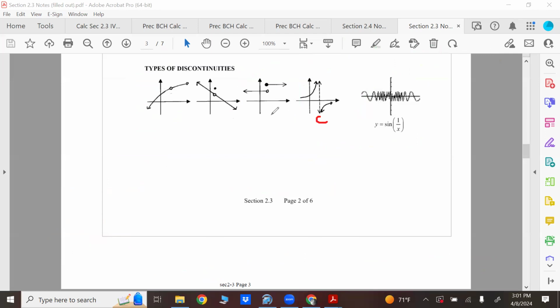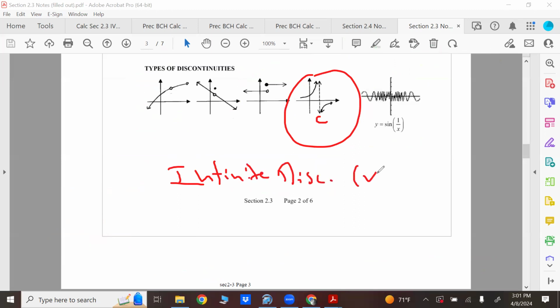Then here, we call this an infinite discontinuity, or basically a vertical asymptote. We already talked about this, but it's just good to talk about it again. And what happens here is that f(c) could exist, just so you know. You can actually put a dot here if you wanted to. You can make a piecewise function. That totally could happen. f(c) may or may not exist.